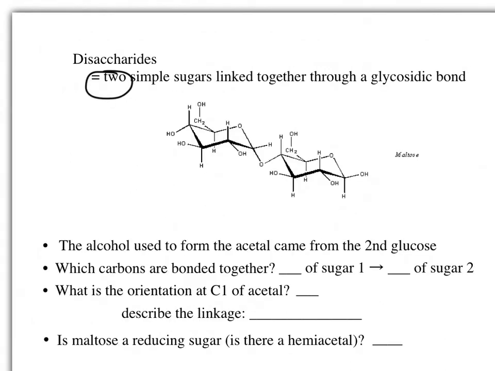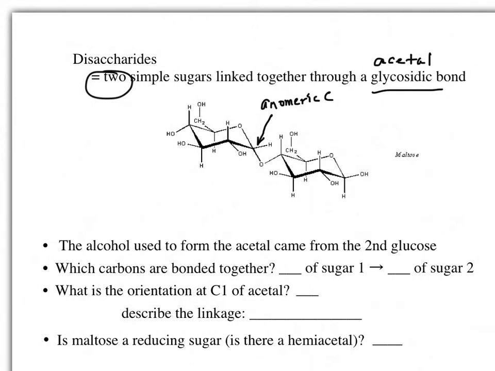Now a glycosidic bond, if you remember, is an acetal. And we talked about that last time. So what you're going to see in a disaccharide is the anomeric carbon involved. It'll be the anomeric carbon of one sugar. And to make an acetal, or the glycoside, we have another alcohol that has to come in, right?